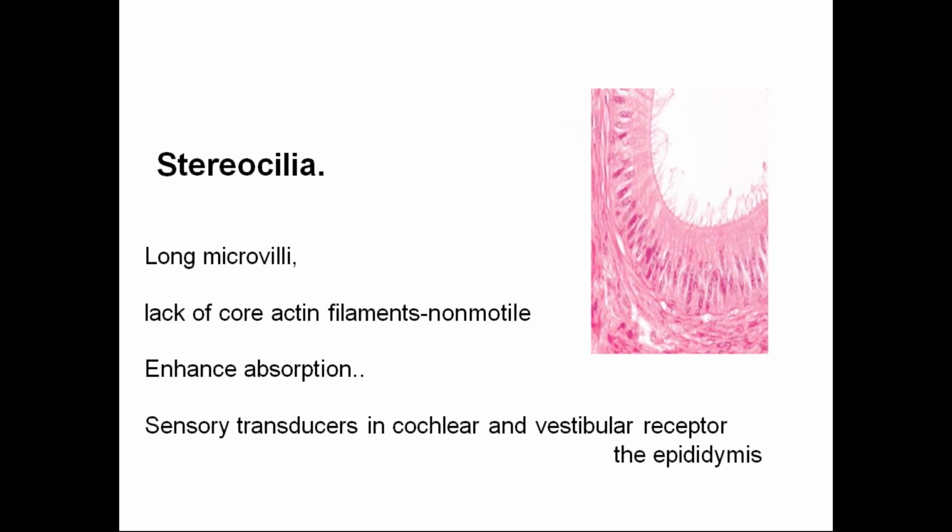We are seeing that in villi, the core is formed by actin filament that lies vertically, but here actin filament is absent, and so it is non-motile, but it enhances absorption. Its function is as a sensory transducer in cochlear and vestibular receptors that are present in our internal ear.